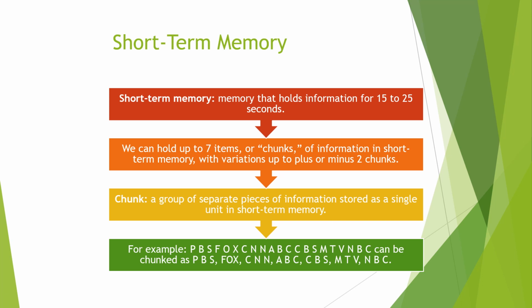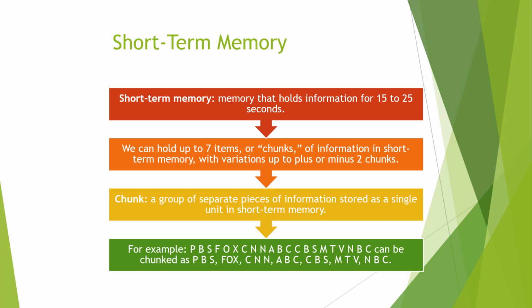So we can think of PBS, Fox, CNN, ABC, CBS, MTV, and NBC, the various channels that you could watch on a TV. If you think about a credit card, you have 16 numbers in a credit card. It's hard to remember 16 numbers. So if you look at your credit card, it is broken down into 4 different sets.